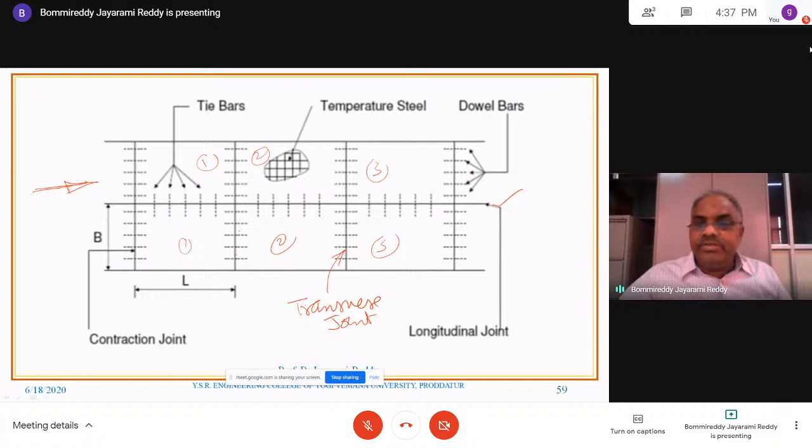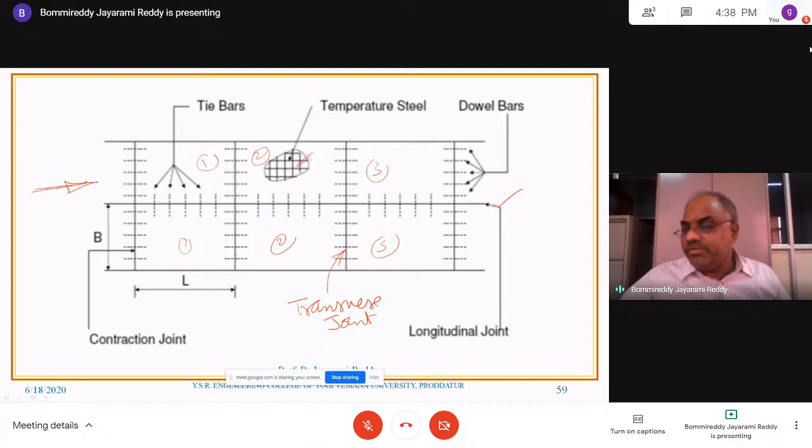So now various different types of reinforcement will be used. Sometimes without any reinforcement the slabs will be cast. That is completely PCC. Sometimes the minimum temperature steel will be provided in both the directions.